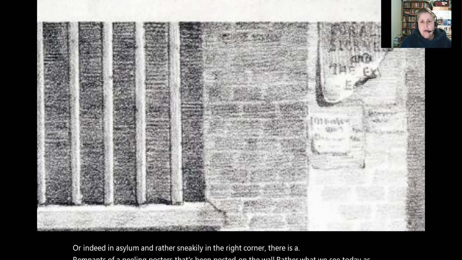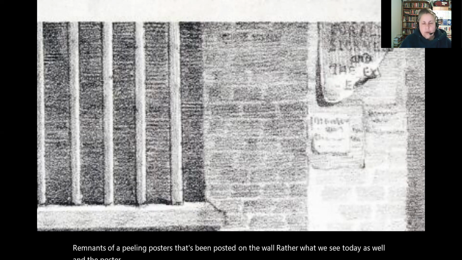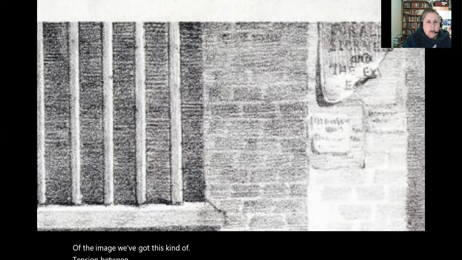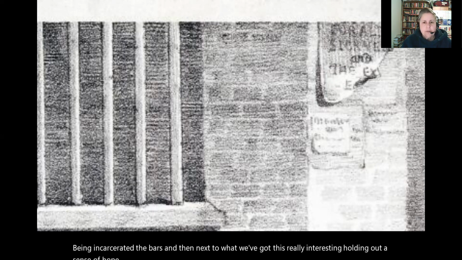And the poster is about, they're selling a remedy for some sort of thing. So it's a remedy of hope. So even within this one little area of the image, we've got this tension between a lack of hope, being incarcerated, the bars, and then next to it, we've got this really interesting holding out a sense of hope, maybe even a cure or some sort of change. And they're next to each other.